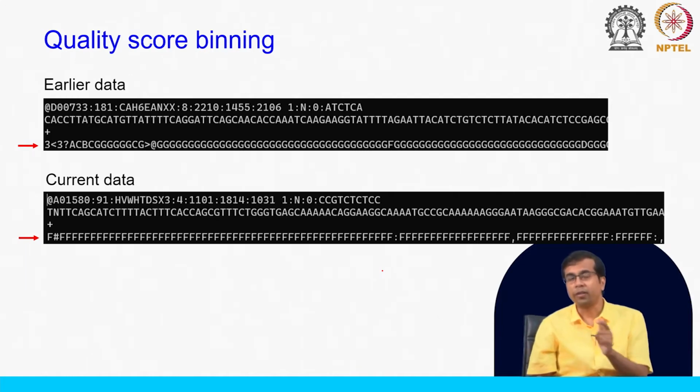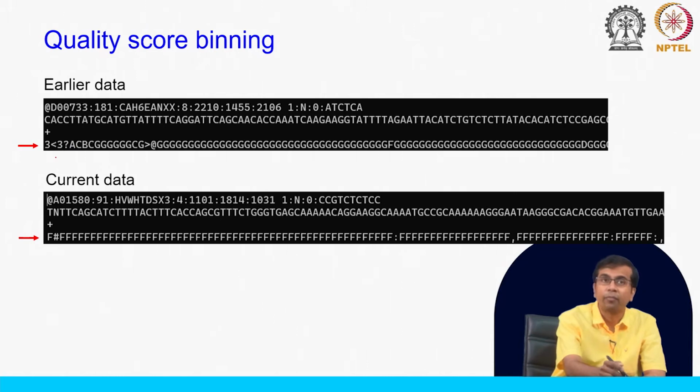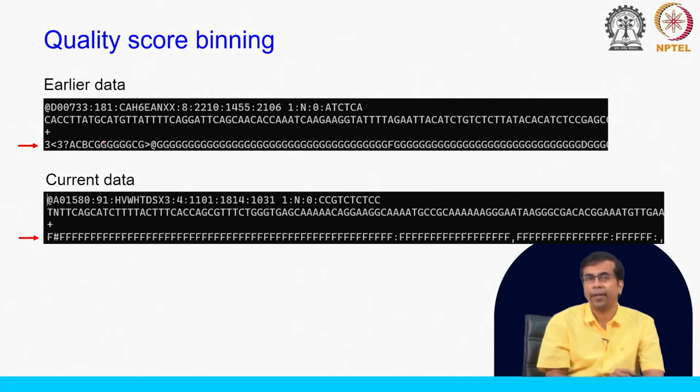Because of this quality score binning, in the earlier data you will see these kinds of characters, question mark, A, C, B, C, etc., all sorts of letters. But in newer, current data, if you look at this quality score encoding, you will see only a limited number of letters, not all possible letters that are out there.